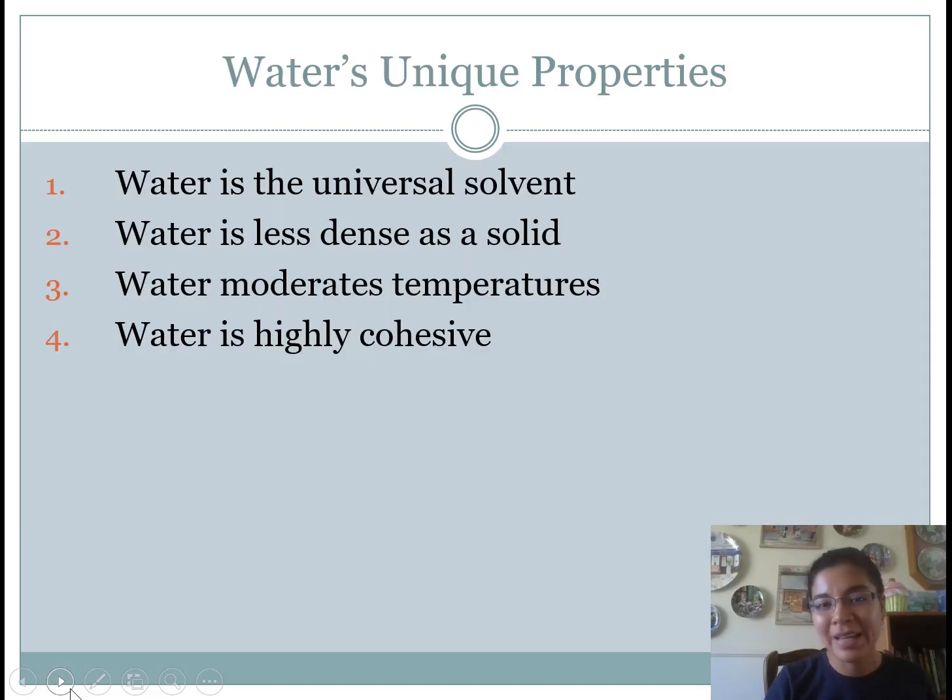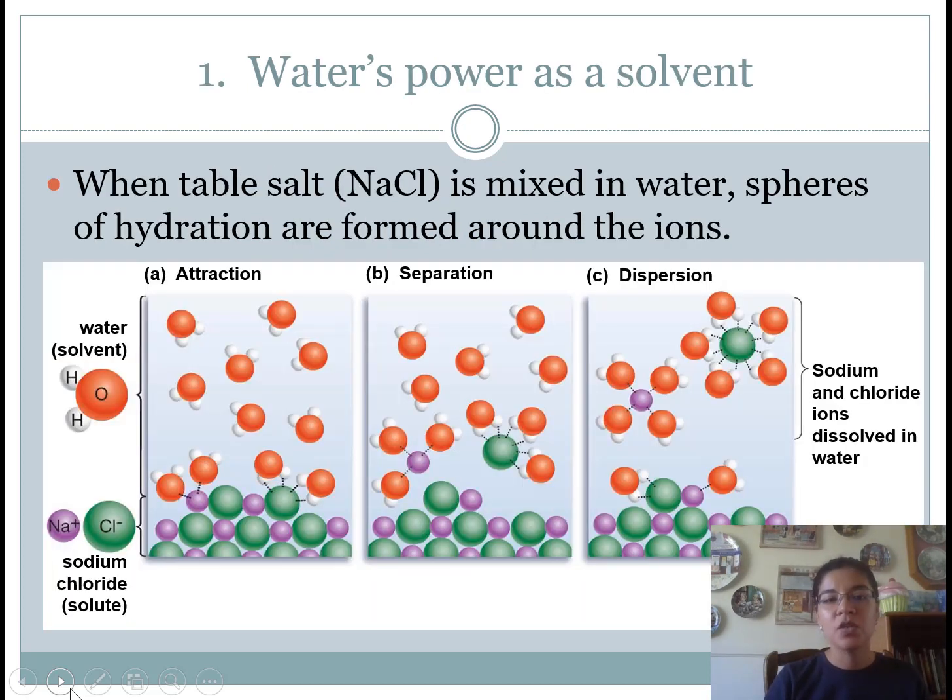These properties of water include that water is a universal solvent, water is less dense as a solid, water moderates temperatures, and water is highly cohesive. So, water's power as a solvent. Given that it has these hydrogen bonds and this polarity, it's going to be attracted to other polar molecules.